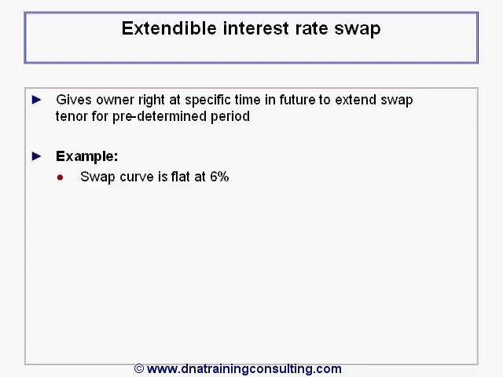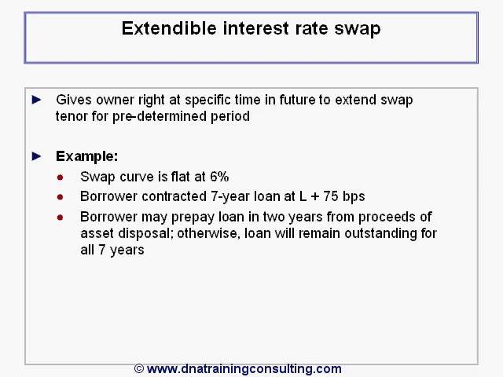Return to the case of the flat LIBOR curve that stood at 6% for all maturities, and consider a borrower with a 7-year loan paying LIBOR plus 75 basis points, say, who believes it is probable that he will prepay this loan in 2 years from the proceeds of an asset disposal, failing which the loan will probably remain outstanding for all 7 years.